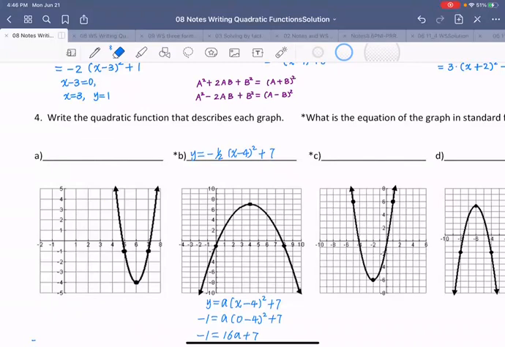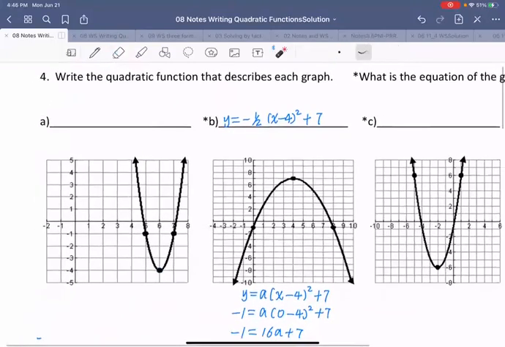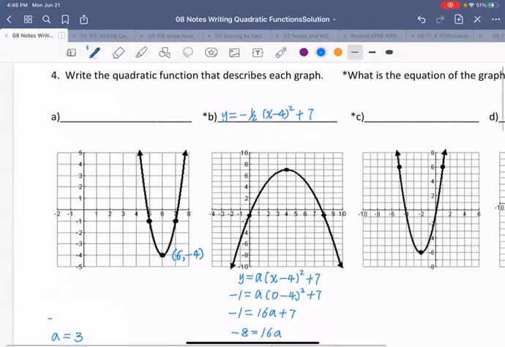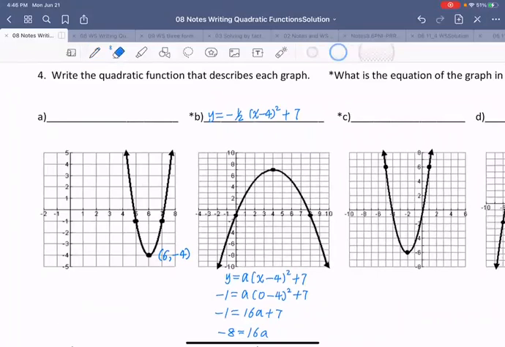Charles, let's do number 4. Can you tell me what this point is? 6, -4. Very good. The vertex format is saying y equals a times, do you remember the vertex format we wrote down just now? x minus 6, squared, minus 4.